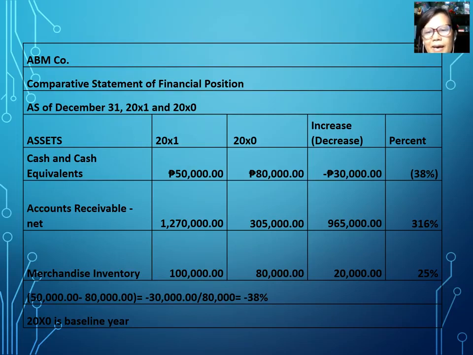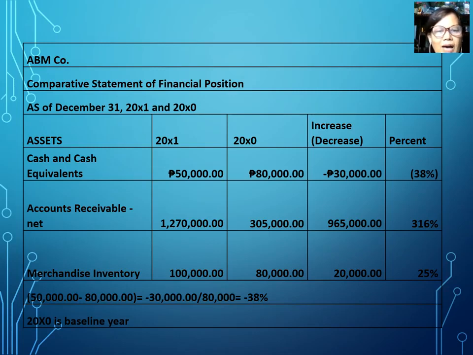And another procedure is, you're going to move two decimal places from the point, ay i-move mo siya ng dalawang decimal places. So, 0.38 will now become 38%. But don't forget to write the parenthesis because it is negative in that case.